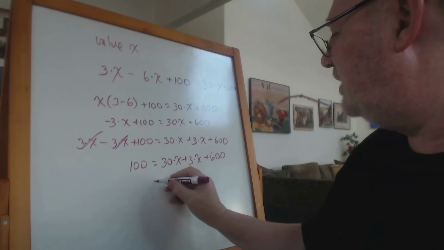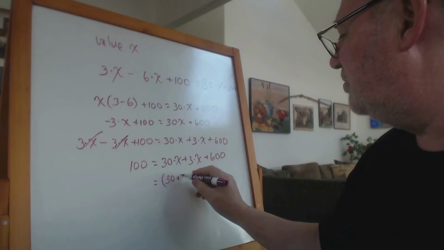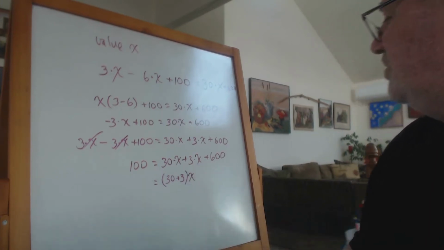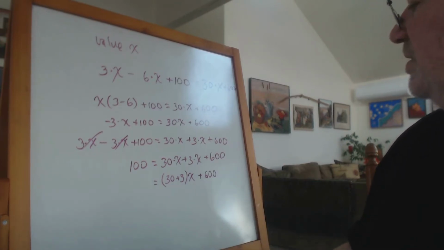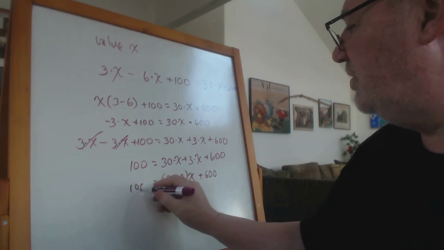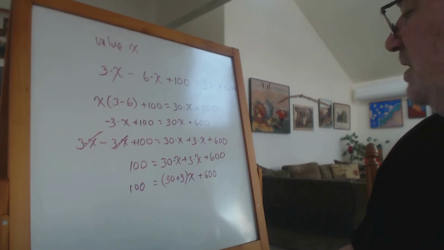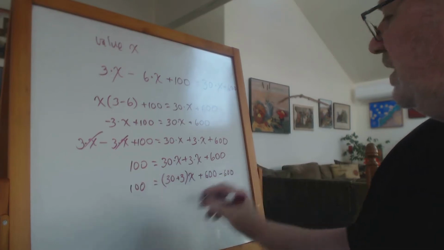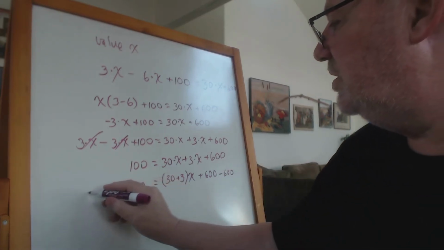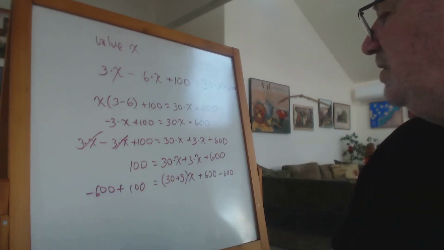Now we can factor that x out, and we have 30 plus 3 times x plus 600. Okay. And we have 100 over here. Well, we want to isolate x, so how do we do that? We can subtract 600 from there, and we can subtract 600 from that side.